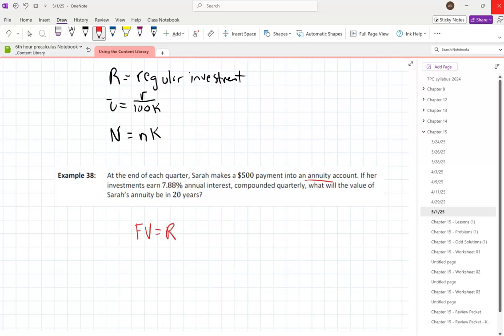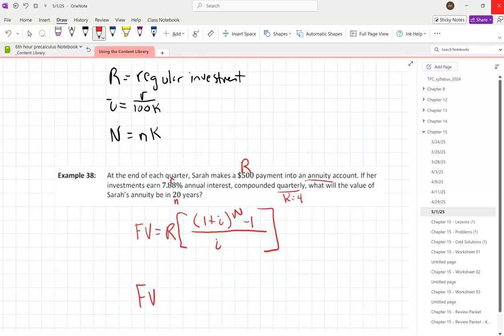Again, I heard the word annuity like 5 times in there, so I'm pretty sure I know what formula I'm going to be using. Let's see, this is my R, or my big R, that's my little r, that's my N, that's my K, and that's everything we need, right?